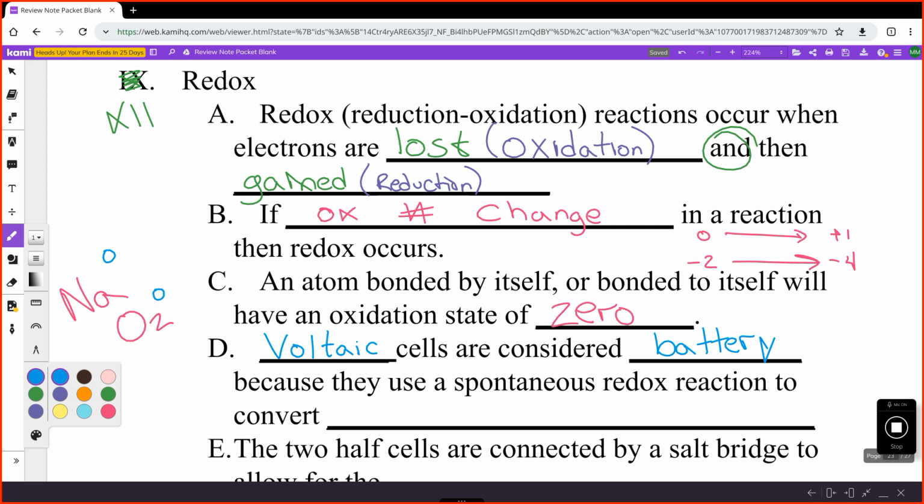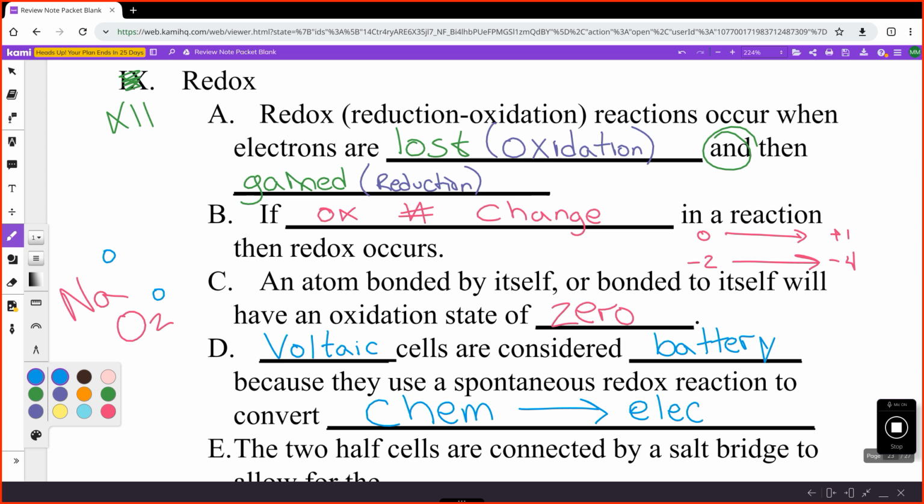The chemicals themselves are reacting and exchanging electrons. And in the process of them reacting by themselves, with nothing helping out other than them just being in the presence of one another, it is converting chemical energy spontaneously into electrical energy.